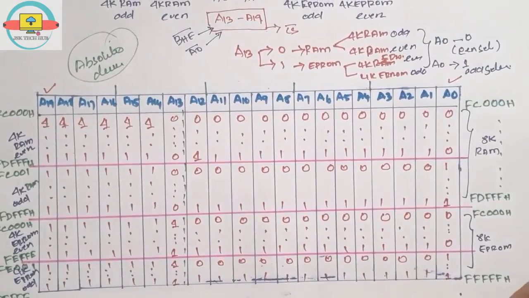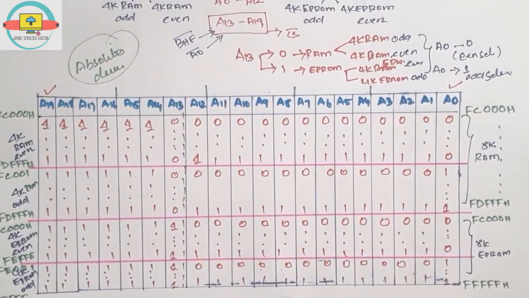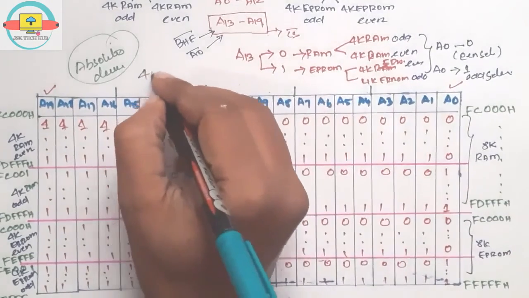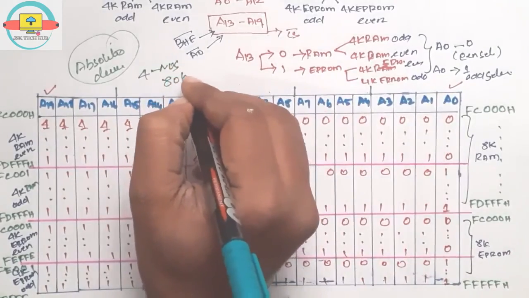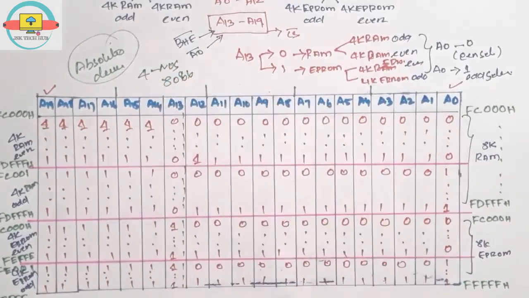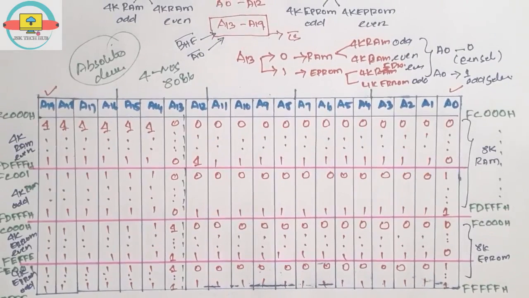The decoding technique we used here is absolute decoding because we need to interface 4 ICs with the 8086 microprocessor. So we have to use the absolute decoding method to activate and deactivate the individual even and odd bank RAM and EEPROM memories separately.